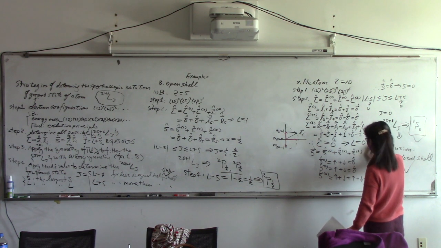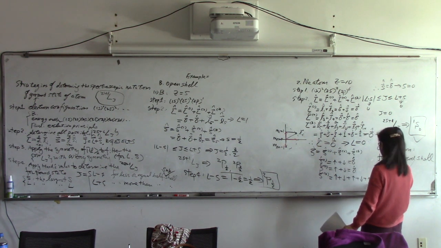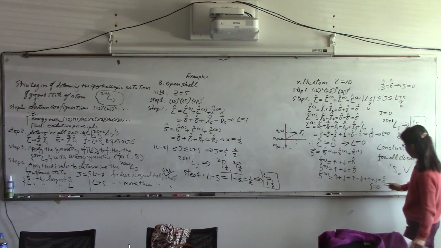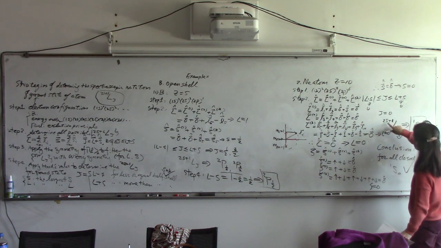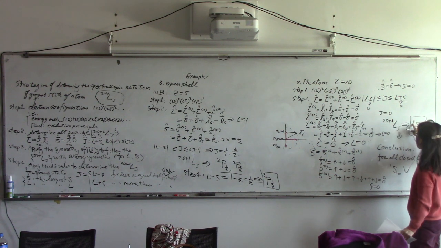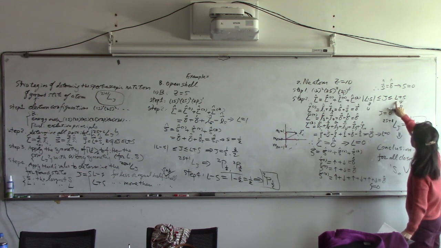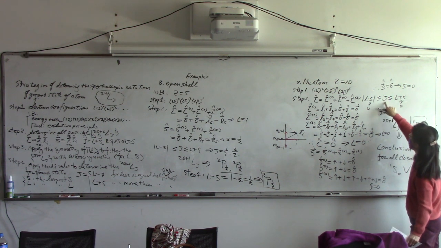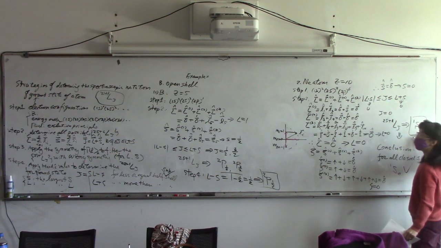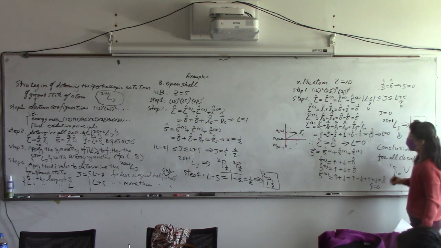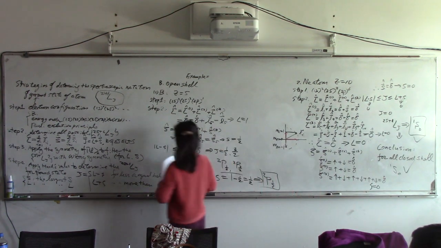And S is also 0, right? So L is 0, S is 0, and that is fixed. L 0 is S, so not only that, J: because L and S are 0, L minus S, J only has 1 value, which is 0. Okay, that is determined.